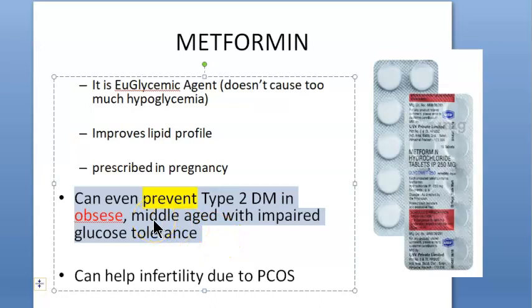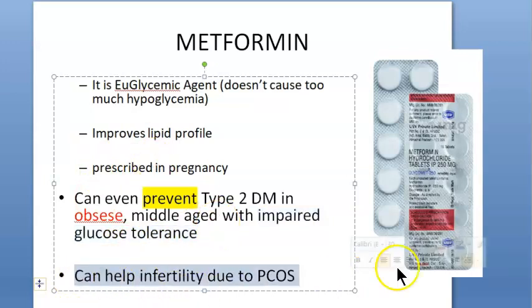Now let's focus here. It can be used not only for treatment of diabetes, it can also be used to prevent. Okay, in whom? In an obese middle-aged person with impaired glucose tolerance. That means this person is not yet diabetic, correct? So in these people, to prevent type 2 diabetes mellitus, you can use it. Okay. Now in infertility, if it is caused because of PCOS, what is PCOS?